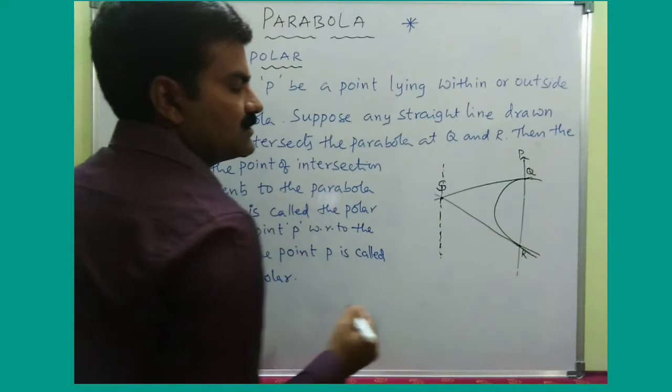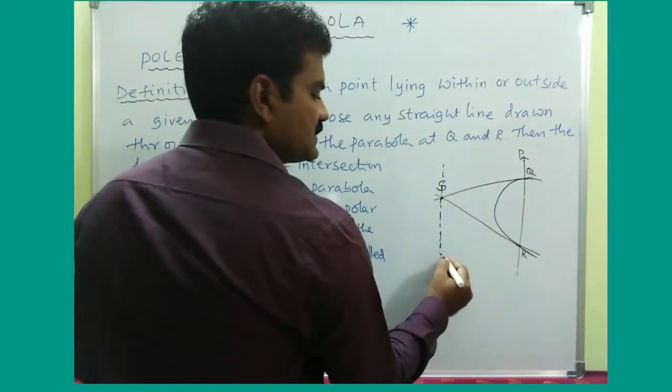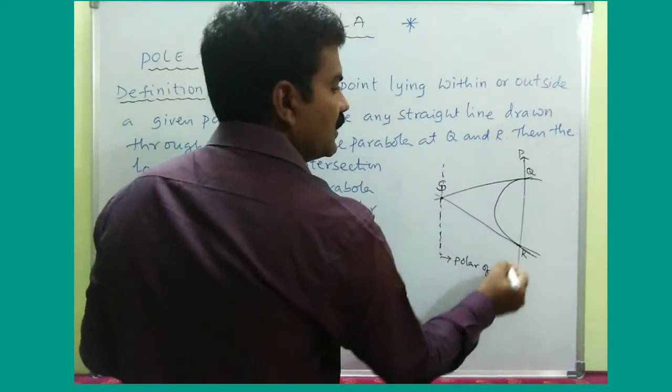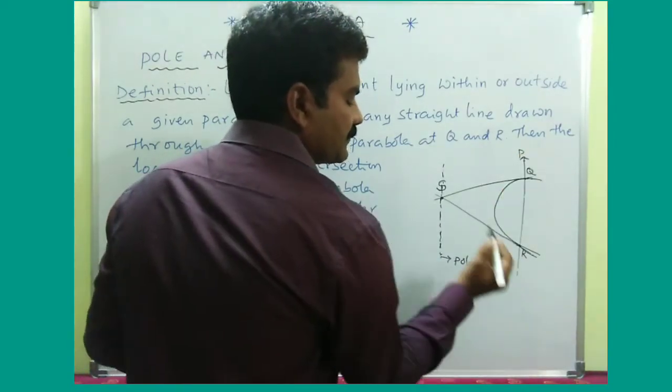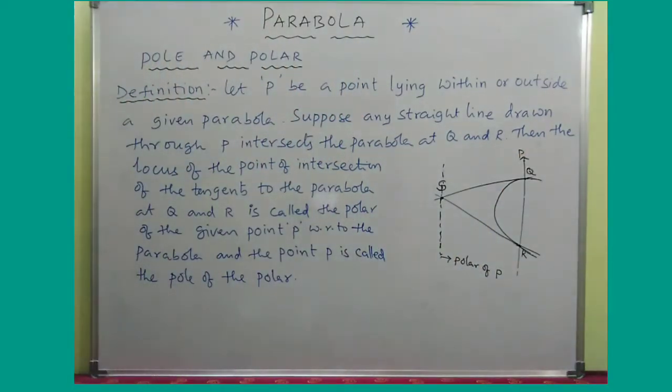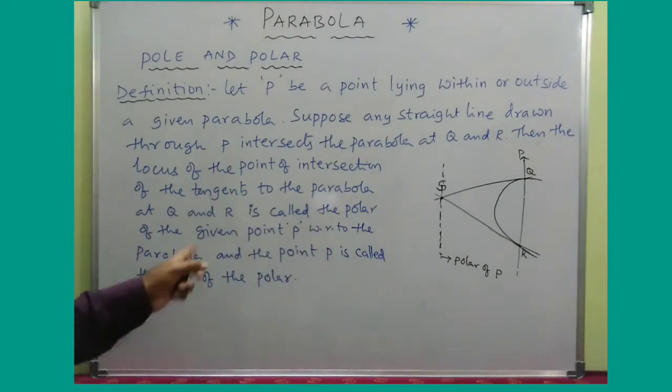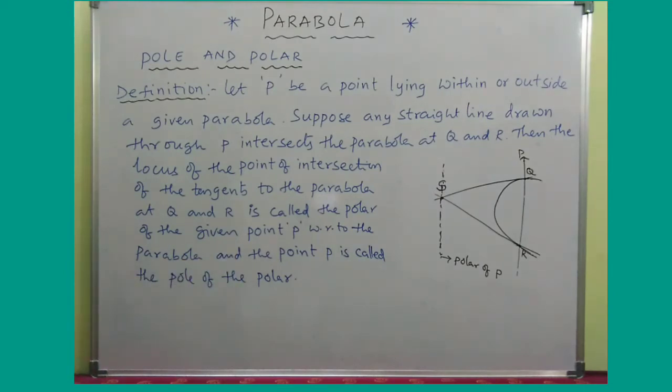So this is considered as the polar of point P. The line is considered as a polar of point P with respect to the parabola, and the point P is called the pole of the polar.